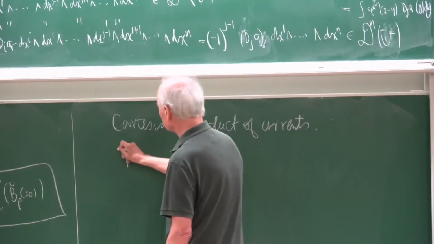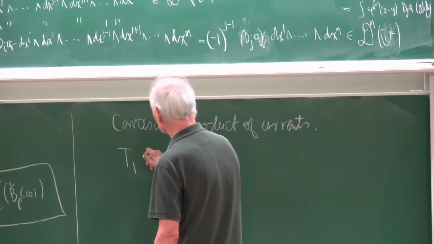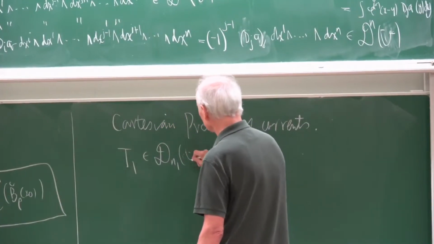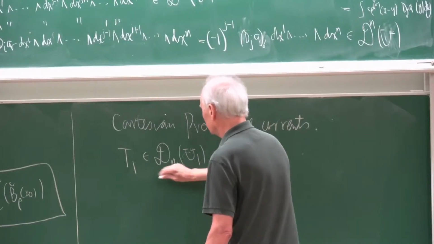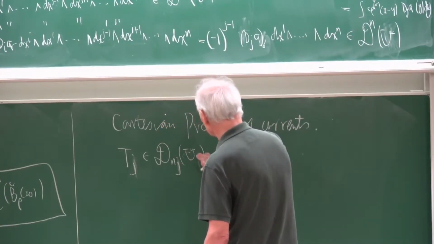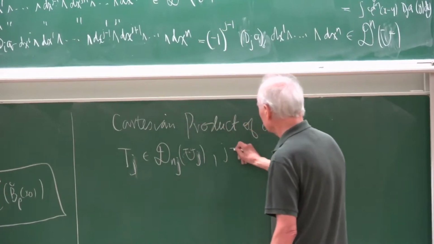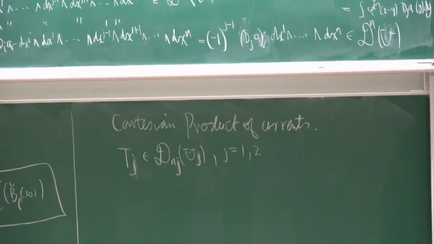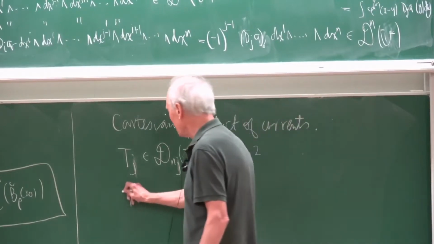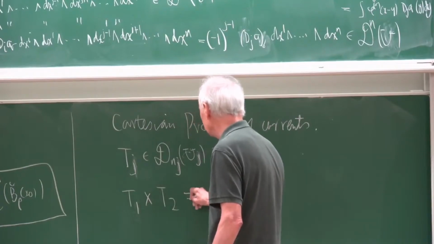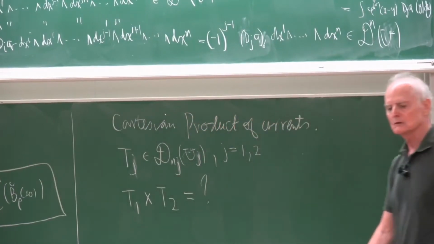So suppose we've got T1, which is a current of dimension N1 in U1, or in general, Tj is of dimension Nj in Uj, j equals 1 to 2. So you've got two currents of different dimensions. And then we want to talk about what's the right definition of T1 Cartesian product T2. So we want to work that out.